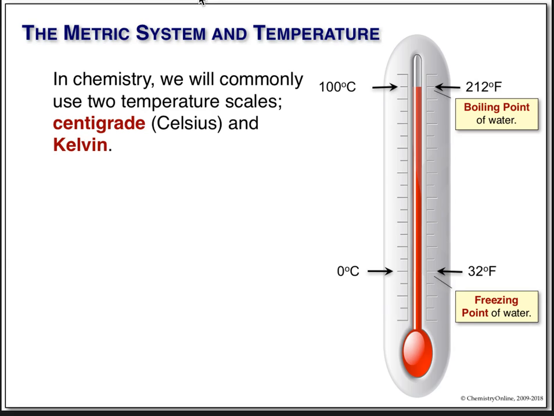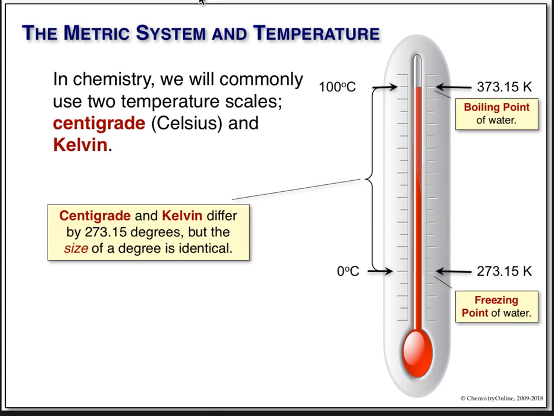Turns out that there's another temperature scale that's used in science, and that's called Kelvin. This guy. Kelvin. Water freezes at 273 and boils at 373. Now you'll note that there's 100 little spaces here, 100 little spaces here, so the two are easily converted.